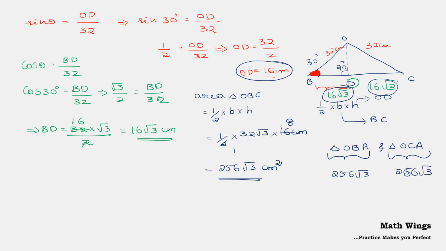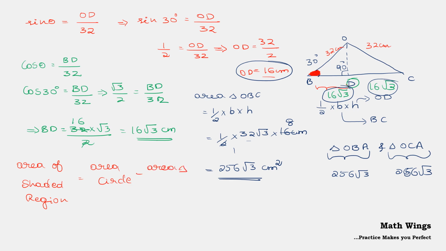We have been asked to find the area of the shaded region. So, area of shaded region is equal to area of circle minus area of the triangle.